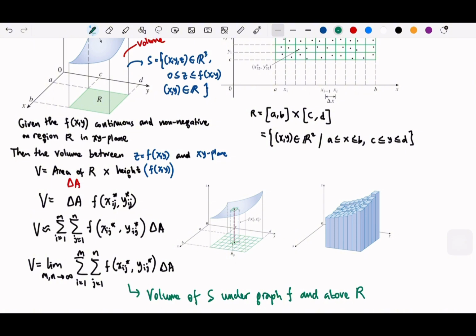So we have the definition for this volume by taking the limit of this double sum, which is pretty much similar to calculus 1. The limit and the sum will be the definition for the integral.